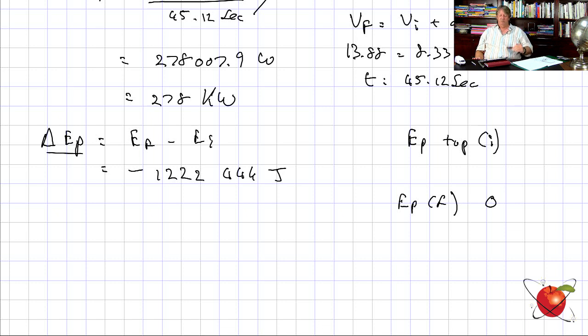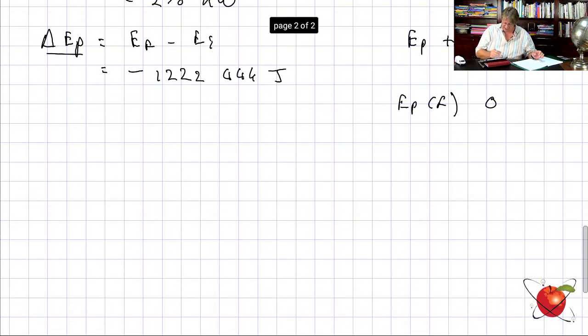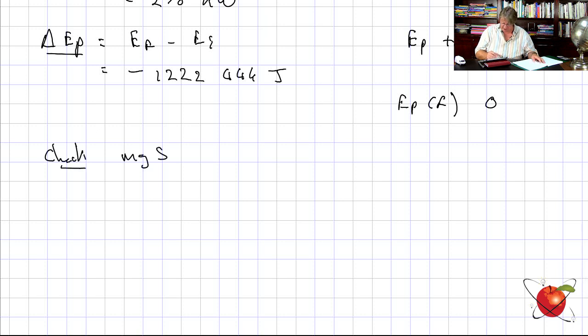So it lost potential energy in the process of coming down. Now, let us turn around and say, okay, what is that mg sine theta delta x? Just a second, let's check this. mg sine theta delta x is equal to 2,444.9 times 500, which is equal to 1,222,450 joules.